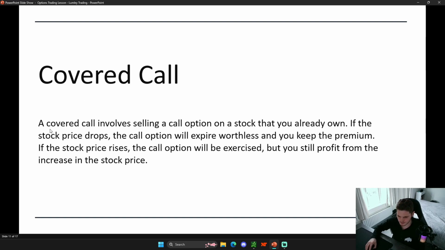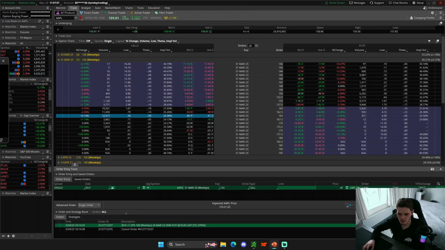Covered calls, same kind of thing. If you own a stock on the long side, we'll just use Apple as another example. We own it at $150. We can say if Apple goes to $165, that's where we would want to start locking in profits.